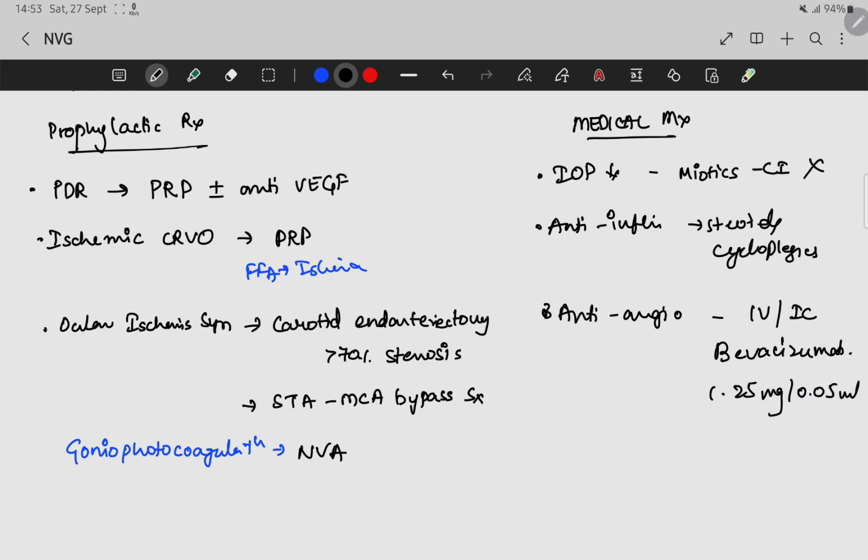Bevacizumab gives temporary regression and sometimes permanent regression.